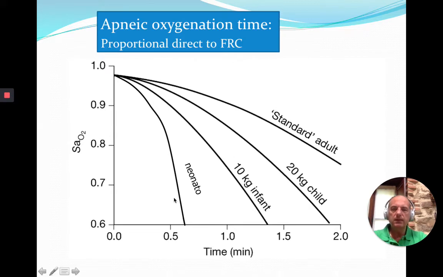So what does this mean? Remember, every time you intubate a neonate, what happens? In less than 30 seconds it is totally dark blue. Why? Compare with a standard adult that can remain above 91 of saturation for 3-4 minutes. So why? Because the functional residual capacity of an adult is much higher than a neonate's.